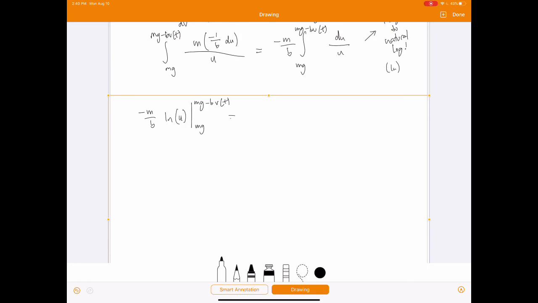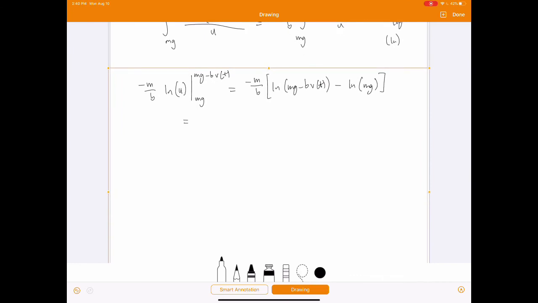So whenever you evaluate an integral at the limits, that comes down to plugging in the top limit and then plugging in the bottom limit. So we have minus m over b out front, natural log mg minus bv minus natural log mg.